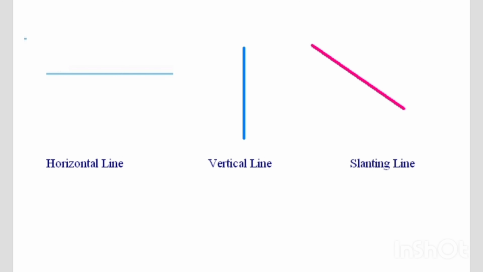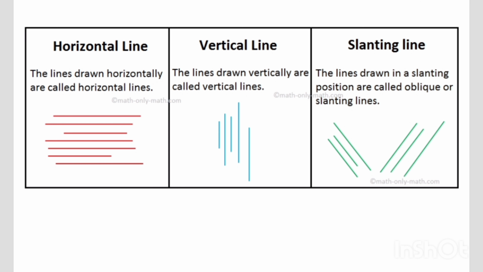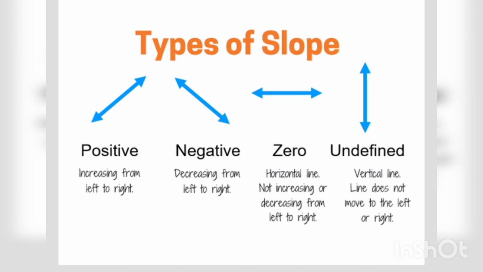As you can see, a straight line may be like the horizontal lines shown in the first image, or it can be a vertical line, and of course it can also be a slanting line like the third one. So it's incorrect to state that the slope of a straight line is simply 0 because, as you can see on the screen, there are different types of straight lines. And so the slope is going to be different for each type of straight line.